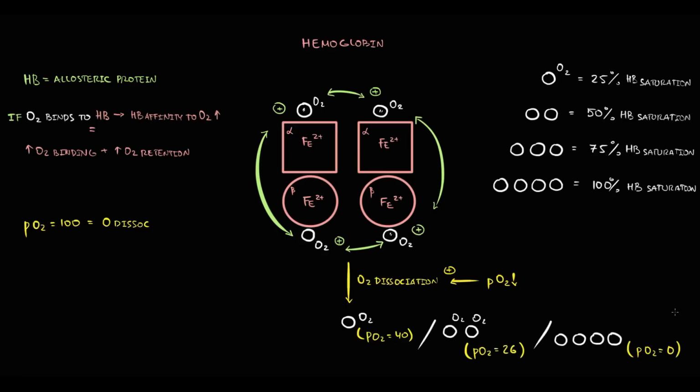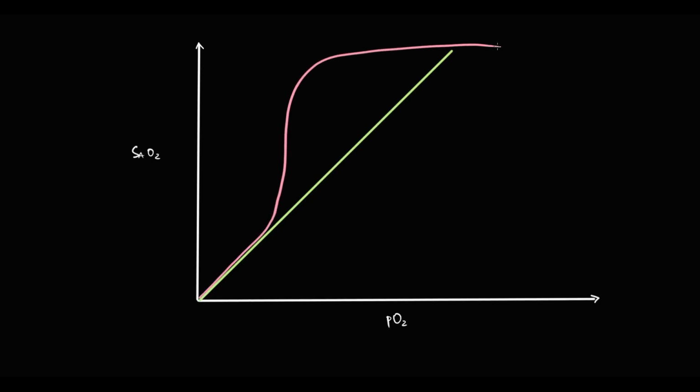And now, knowing this, we can discuss the oxyhemoglobin dissociation curve. So here is partial pressure of oxygen, and here is oxygen saturation. For comparison, let's suppose that without positive cooperativity, partial pressure of oxygen and oxygen saturation have a linear relation. And this purple curve is how oxygen dissociation occurs in real life due to the positive cooperativity.